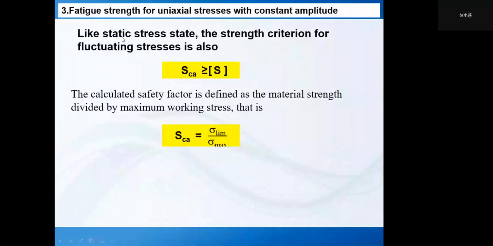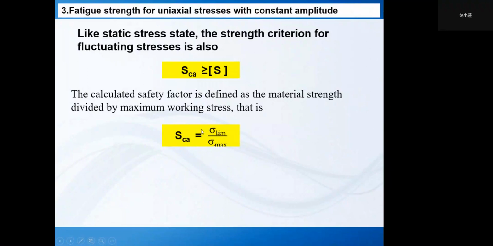And then, like the static stress state, the stress criteria for fluctuating stresses is that the calculated safety factor should be larger than the allowable safety factor. The calculated safety factor is defined as the material stress limit divided by the maximum working stress.